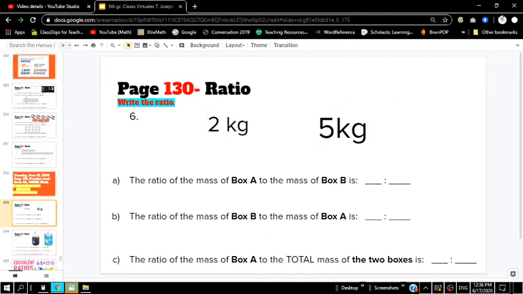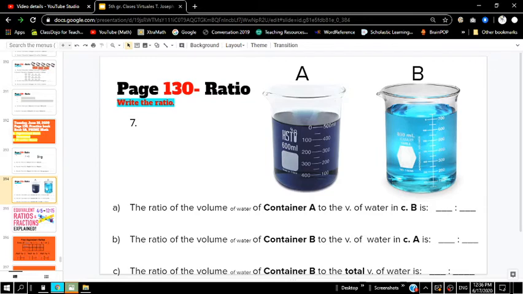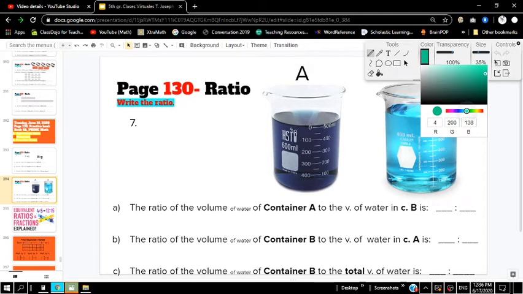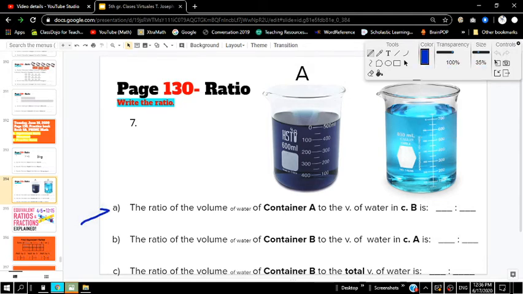Good. Now, number 7 is a little bit more complicated because we really need to understand how to simplify this. These are going to be working with a lot bigger numbers, and our simplification process is a little bit more complex. So let's do it together. It says number 7, page 130.